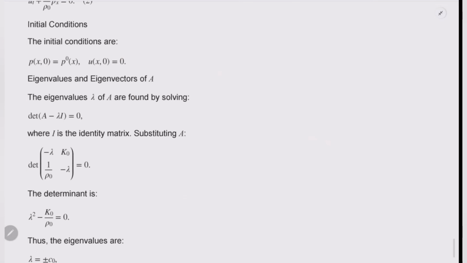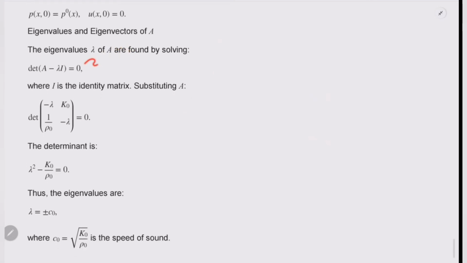Now the only thing is we need to find the eigenvalues and eigenvectors. Every system is solved with eigenvalues and eigenvectors. In chapter 2 we also solved the same system with eigenvalues and eigenvectors.